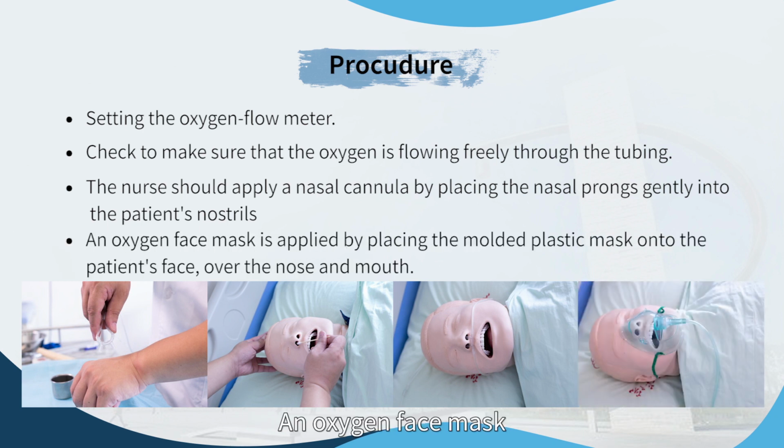An oxygen face mask is applied by placing the molded plastic mask onto the patient's face over the nose and mouth. The nurse should pull the elastic strap over the patient's head to the back of the head and adjust the strap on both sides of the mask to secure the mask in a position that seals it against the face.